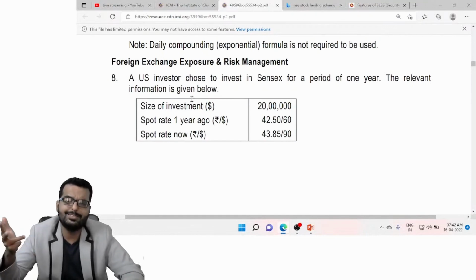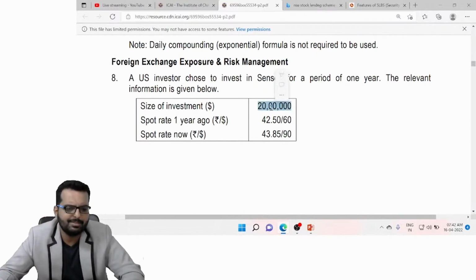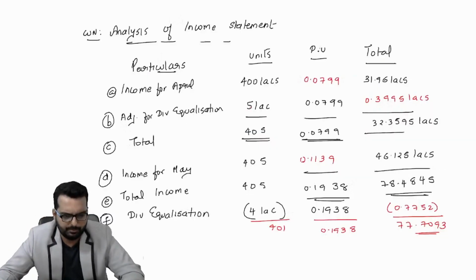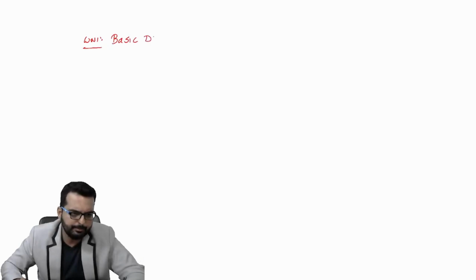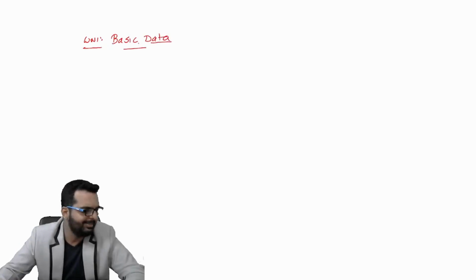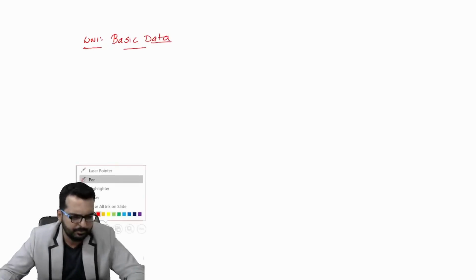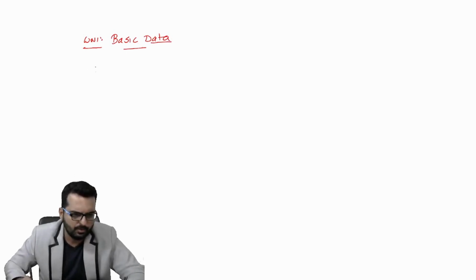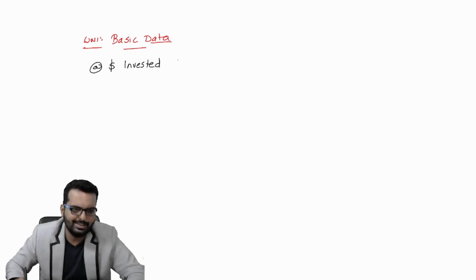A US investor is investing in the Indian Sensex. So what happens? The investment size is coming to 20 lakh dollar. I'll write down over here. Working note number 1, basic data. Whatever is the dollars invested.